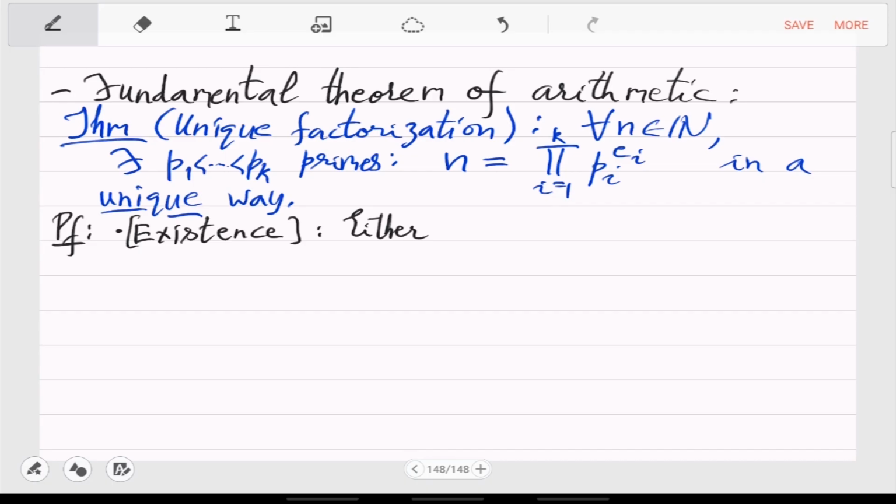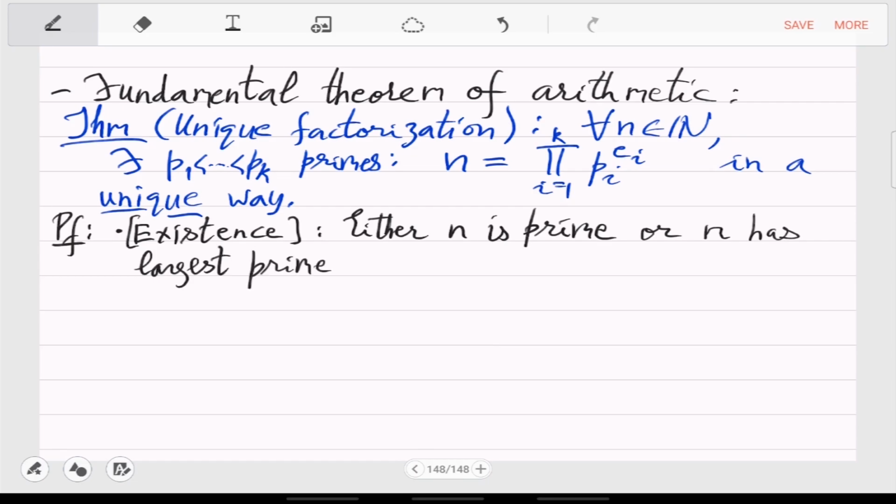So the base case is either n is prime, then you just have E1 and the exponent E1 is 1, and k is also 1. That's the base case, or n has largest prime less than or equal to square root n. Is the square root n part clear?